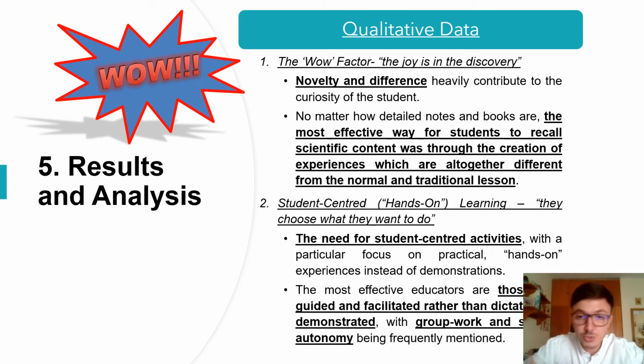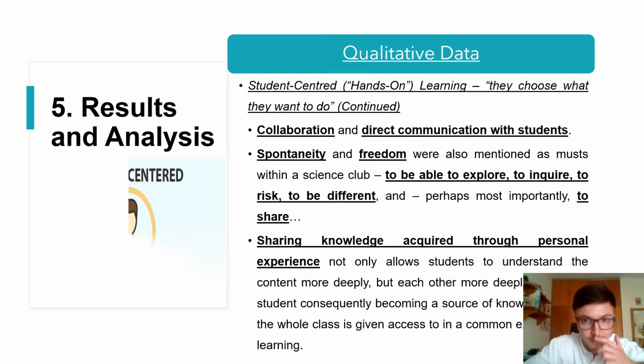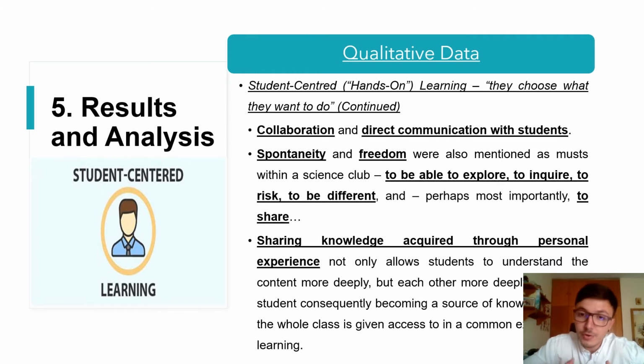They emphasized how student-centered and hands-on learning was so important, where students choose what they wanted to do. And they said how the most effective educators were those who guided and facilitated rather than dictated and demonstrated, with group work and self-autonomy being frequently mentioned. Collaboration and direct communication with students, spontaneity and freedom were also mentioned.